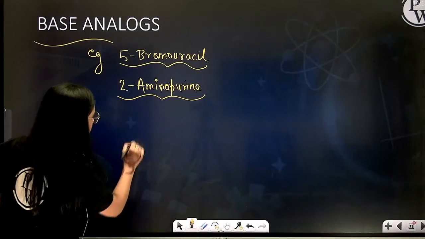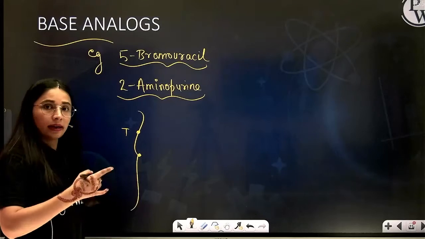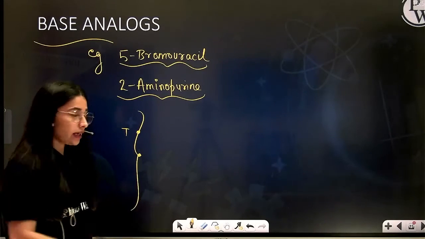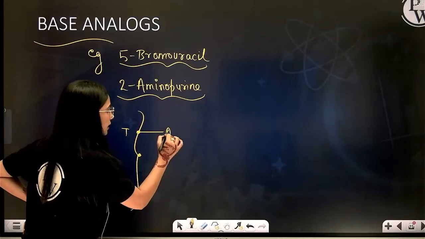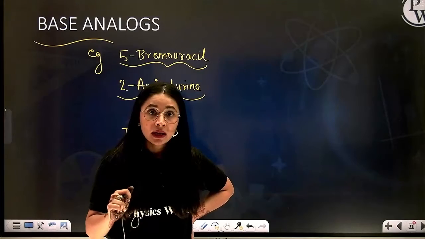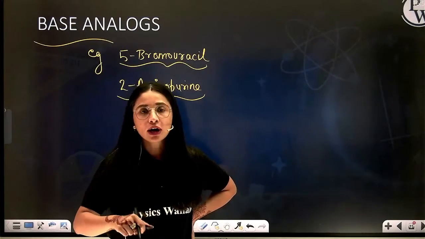Suppose this is my DNA having thymine. It is undergoing replication. In front of thymine, what will come? Adenine will come. This is the only right base pairing rule. Now, suppose the cell is having 2-aminopurine. What will happen?